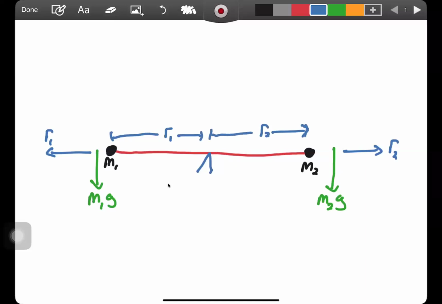And then I just moved the vectors out so it can be more clear, because as long as you preserve the magnitude and direction of a vector, you can move it anywhere in space. I want to make it clear that the angle between the force being applied and the lever arm is 90 degrees.